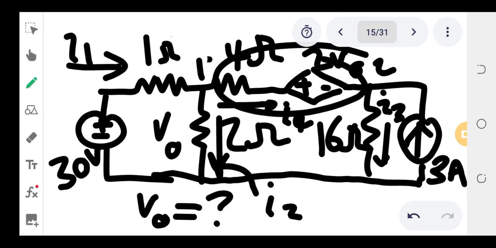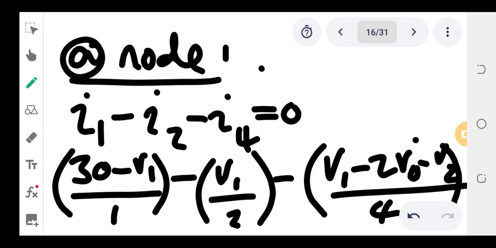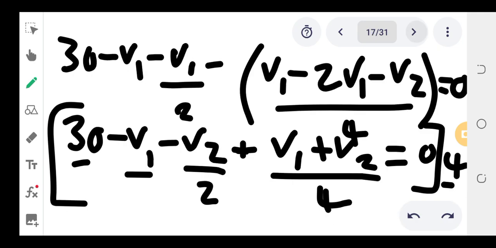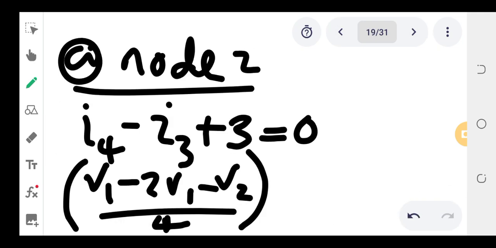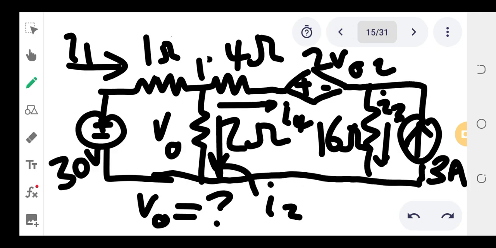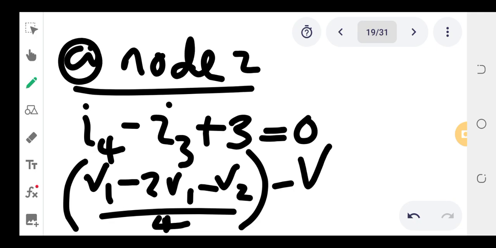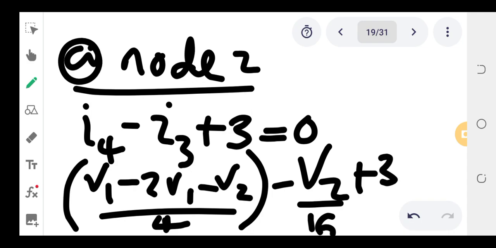That expression we are just rewriting. So in this case, let's go back to our problem. Minus our I3. Which one is our I3? Our I3 is here. So our I3 is simply V2 divided by 16. So we have V2 over 16. Then plus 3. All of these must be equated to 0.